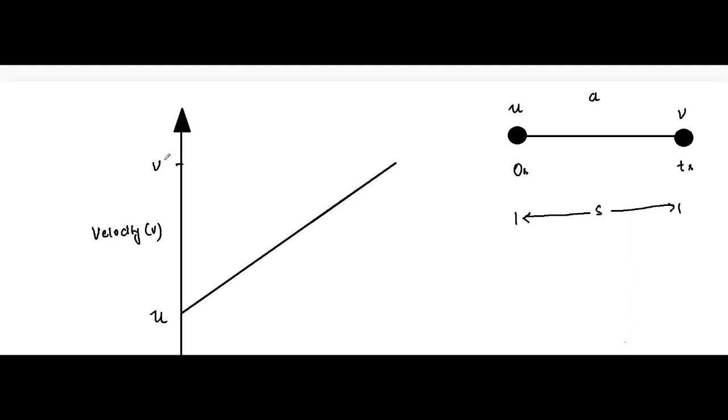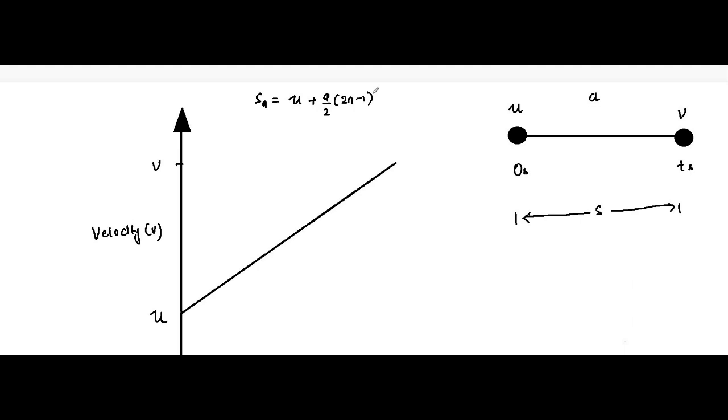Here we are interested in deriving the displacement during the nth second, which we have already derived using the conventional method, which is u + (a/2)(2n - 1). How can we derive it?